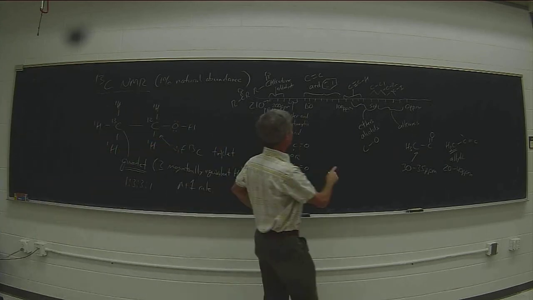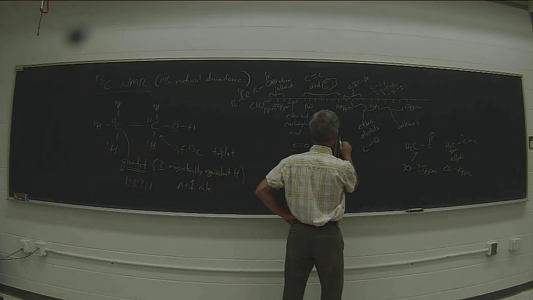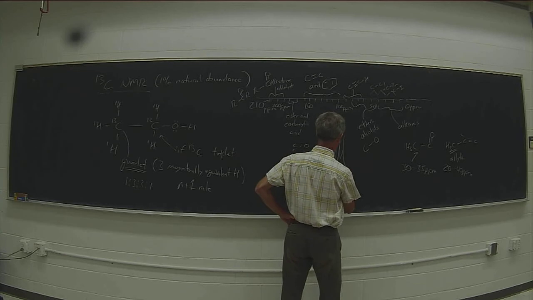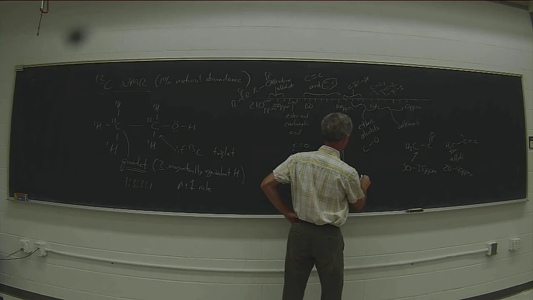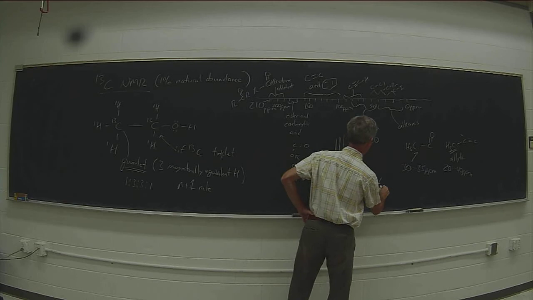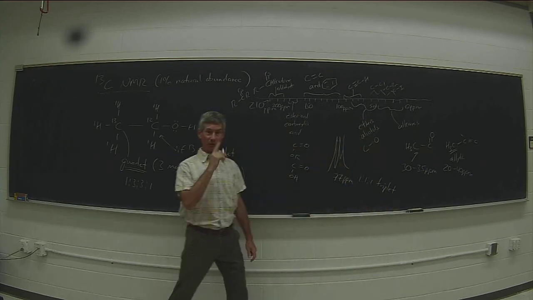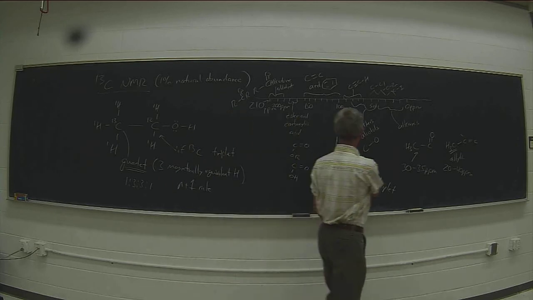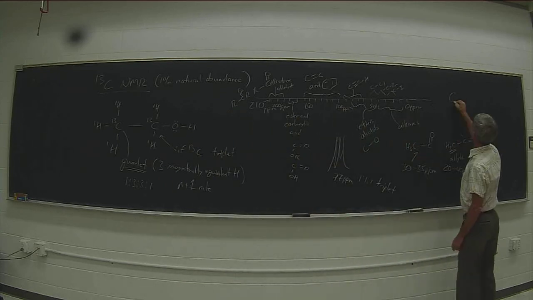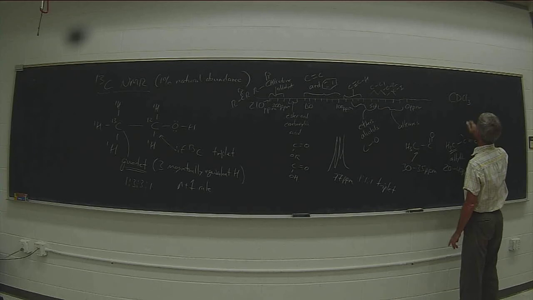You will also generally see at 77 ppm a 1-to-1-to-1 triplet, because the solvent we usually use is deuterated chloroform, CDCl3.